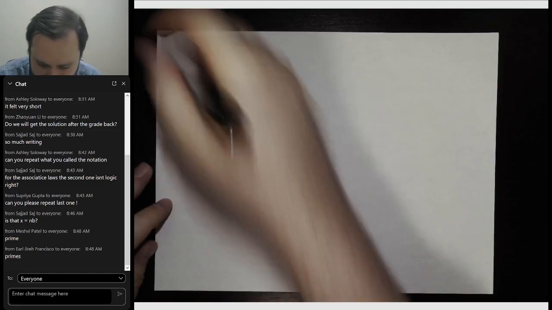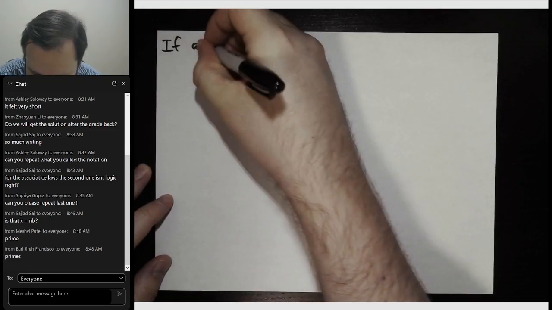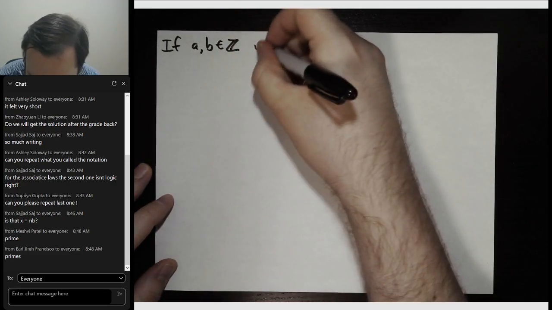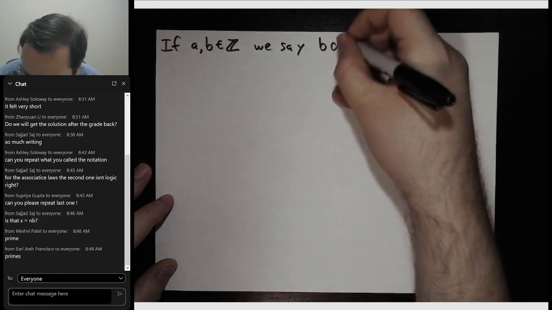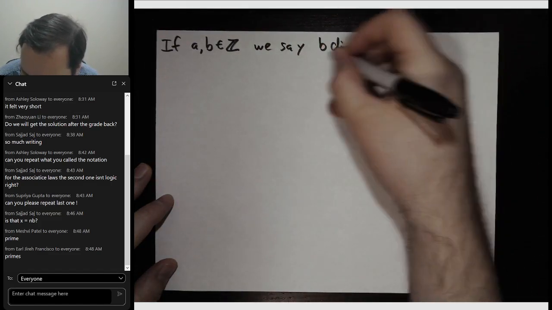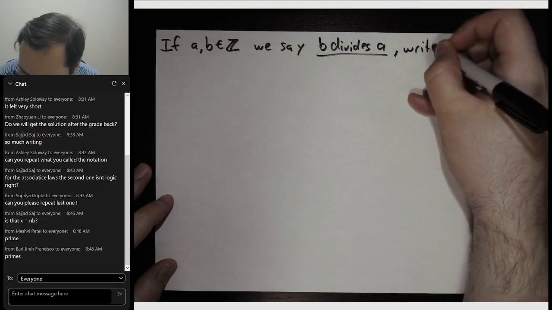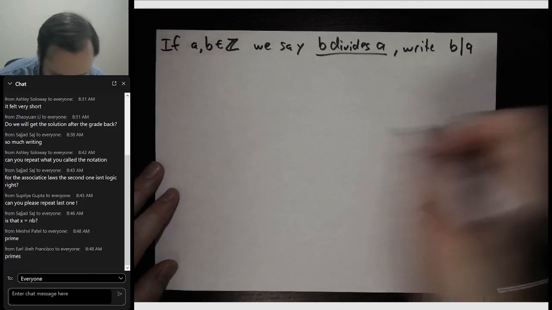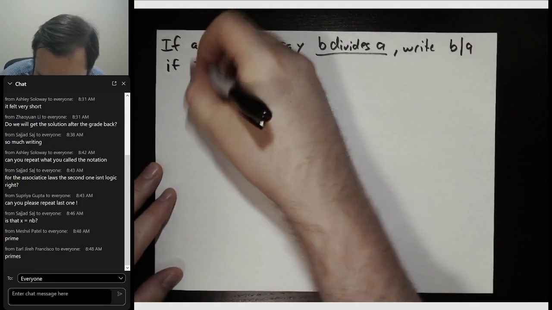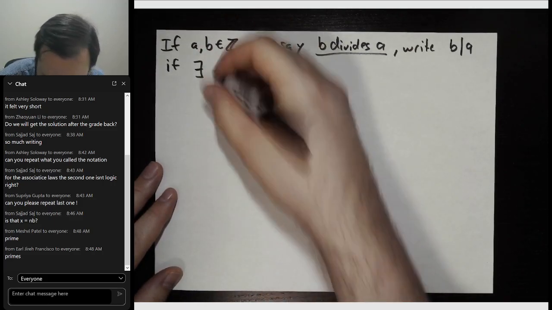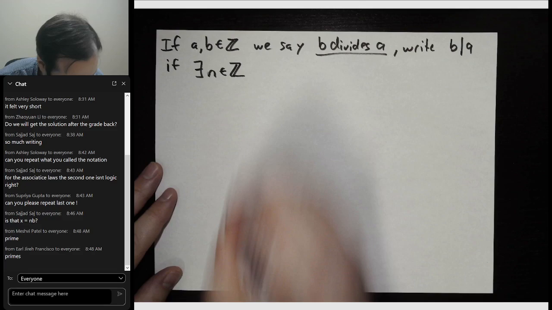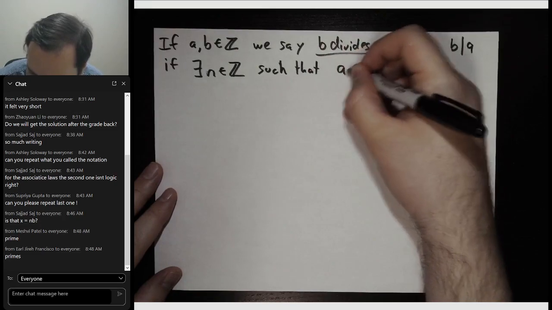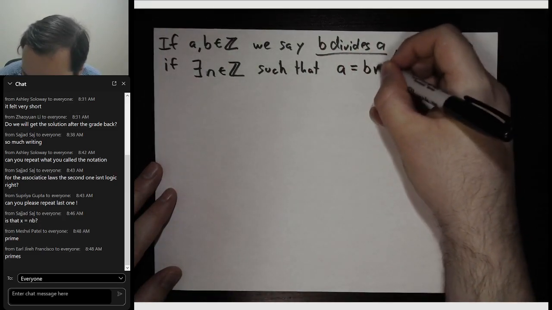If I pick two integers, we say b divides a, which we write with a bar like this, if there exists an integer n such that a is equal to b times n.